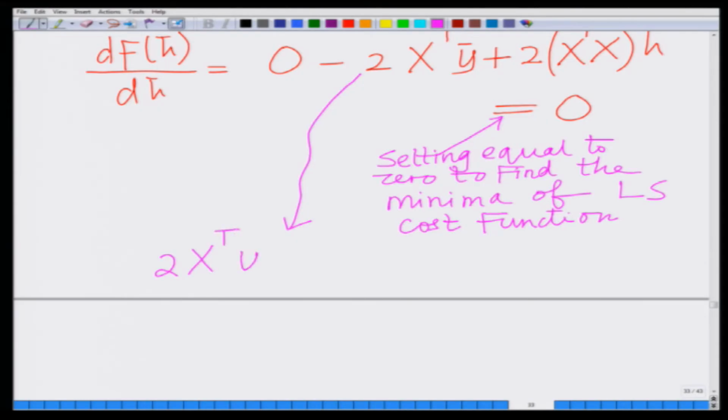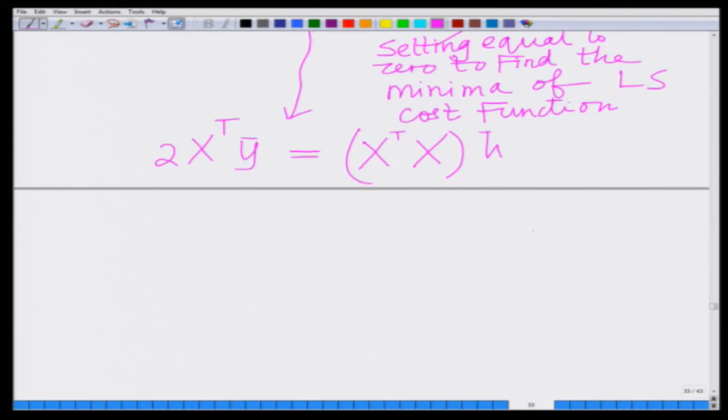And this implies basically 2 x transpose y bar is equal to 2 x transpose x times h bar, and now you can see a beautiful relation which basically implies the minima occurs where h bar is equal to taking this matrix x transpose x inverse times x transpose y bar. Okay. So, this x transpose x, remember x is n cross m.